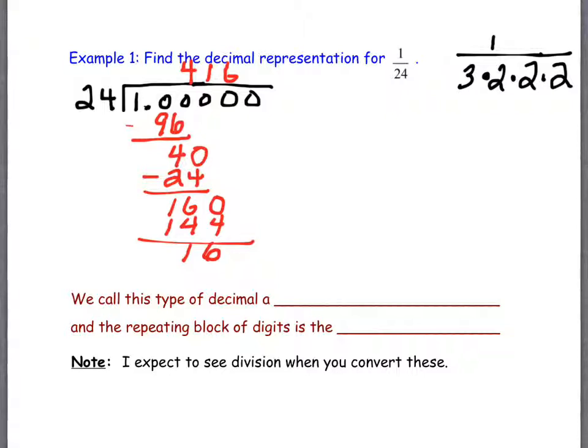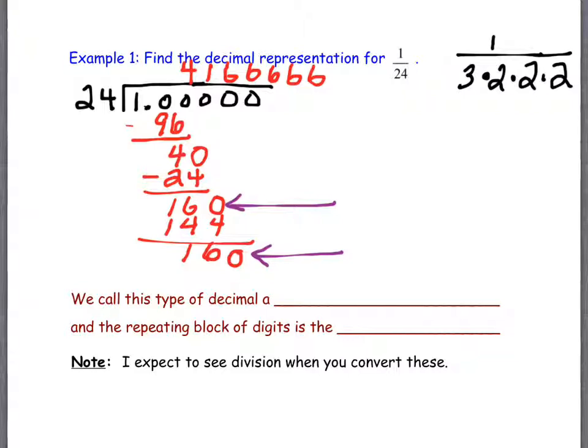If I pull another 0 down, then I have another 160 here, just like I had the step before. Which means that when I do the division, I'm going to get another 6, and when I multiply by 6, I'm going to get another 144. Which means that from here on out, I'm going to keep getting that remainder of 16 over and over again, right? So I'm going to get 6's all the way across here.